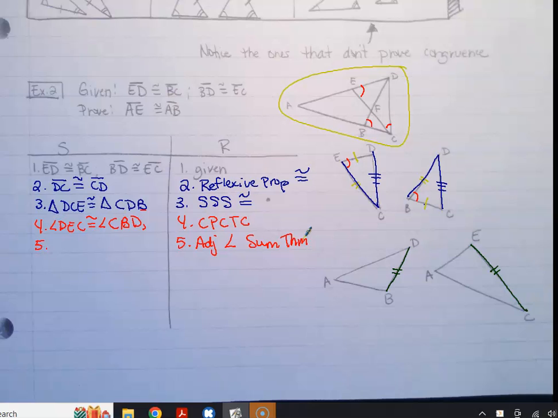If each of the two adjacent angles is congruent to another angle in a second pair of adjacent angles, then the larger angles are congruent. But that one says if, hold on.